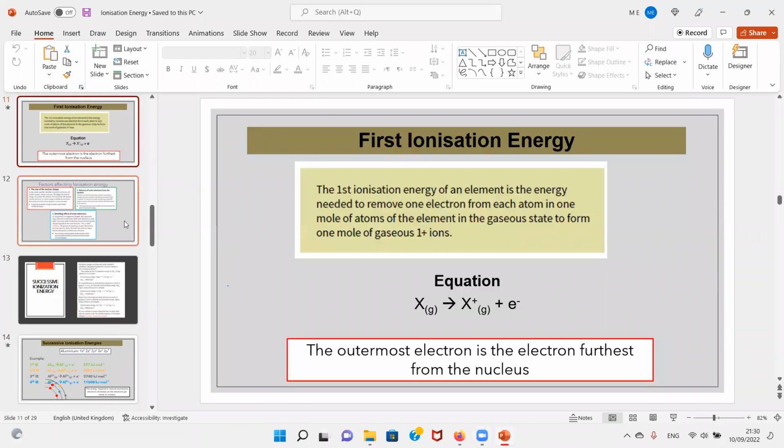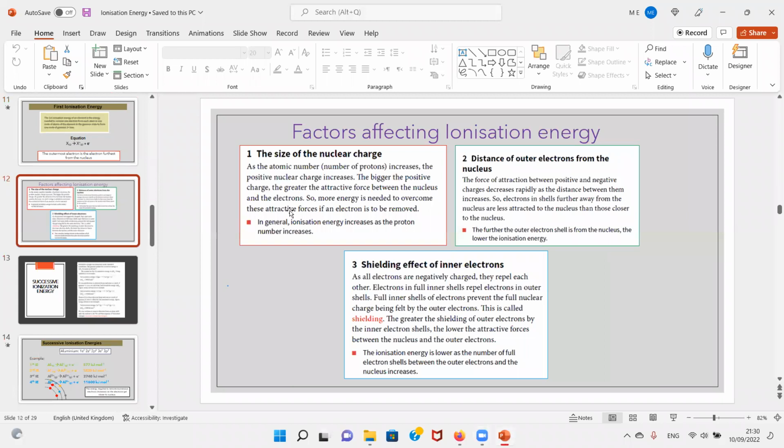The next thing here is the ionization energy, which we went through, and then the factors affecting the ionization energy. The first factor is the size of the nuclear charge. As the nuclear charge gets bigger, with lots of protons, it becomes more and more difficult to remove the outermost shell electron. The second factor is the distance of the outer electrons from the nucleus.